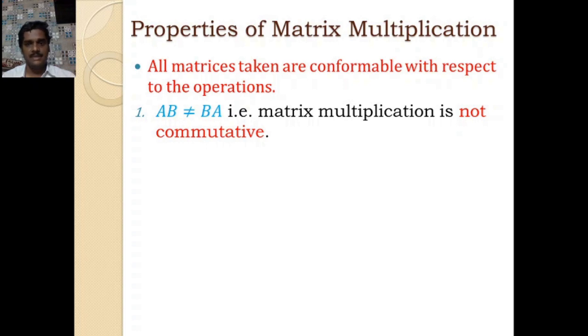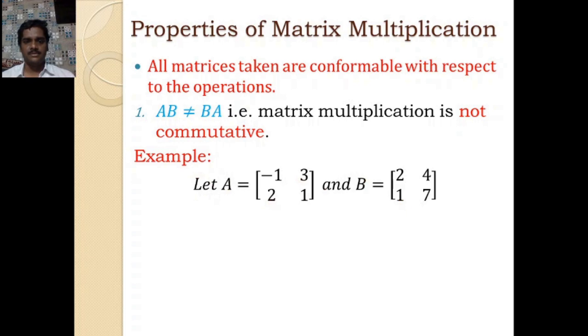Let's see some examples. We are going to see two examples over here. In one example, AB will equal BA, and in another example, AB not equals BA. Here is your example number 1. I have taken two matrices of order 2 by 2, and I suggest you pause the video and compute the product AB and BA.